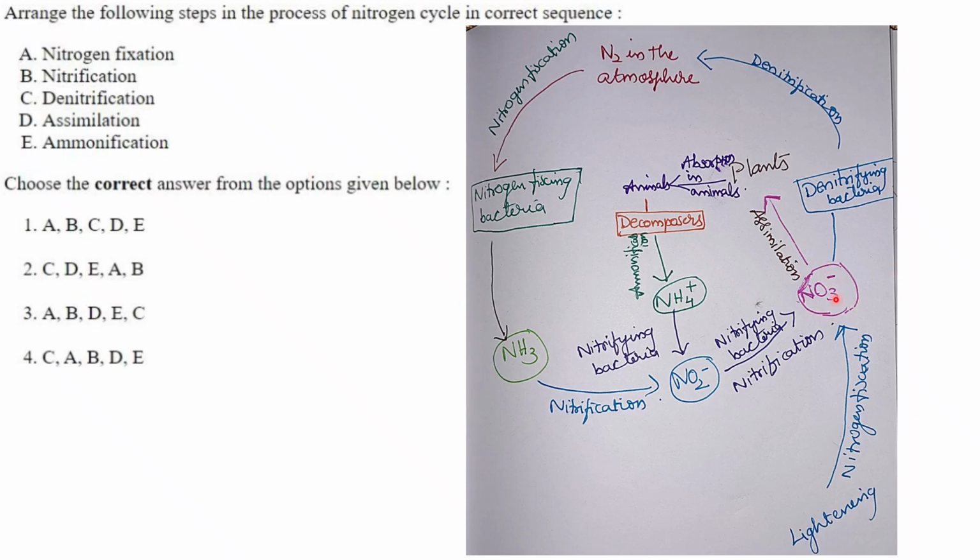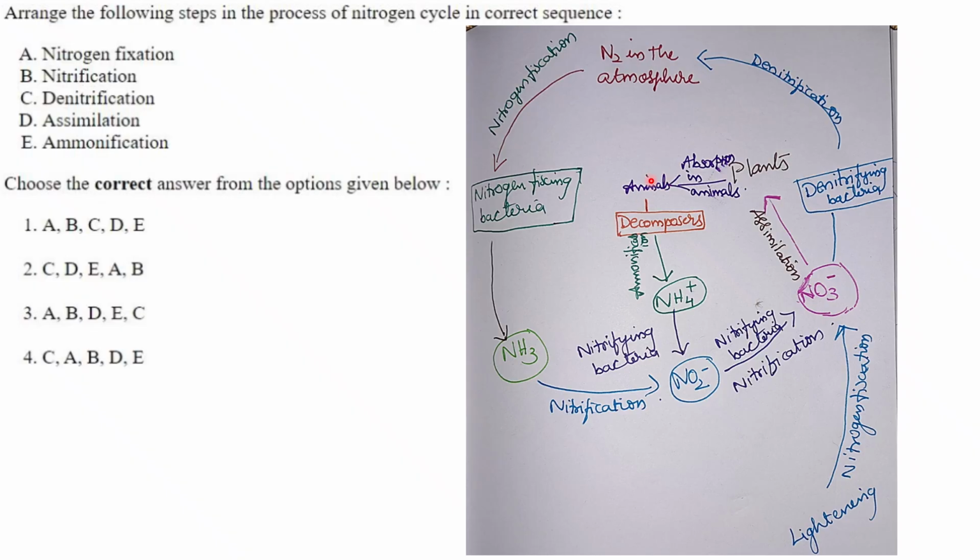And this NO3 minus will be easily absorbed by the plant, that is assimilation. So after nitrification, you have got assimilation. Then after assimilation by the plants, the herbivorous animals will eat the plants, and nitrogen is getting accumulated in the animals also.